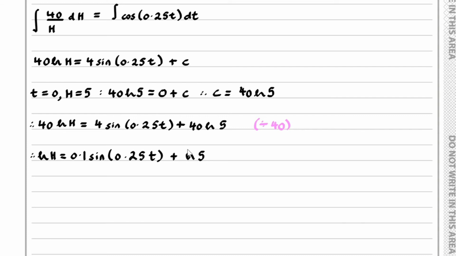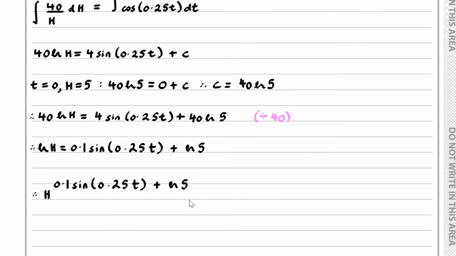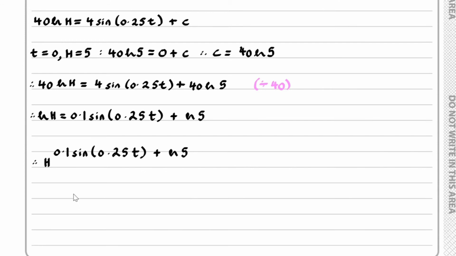And at this point, we need to do the antilog of both sides. Rather, h equals e to the power of 0.1 sine of 0.25t plus the natural log of 5.